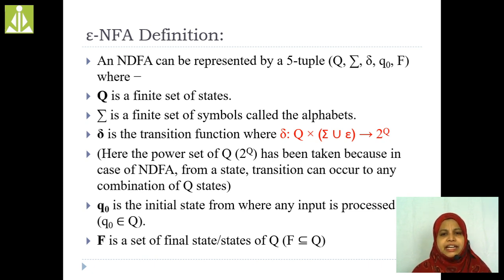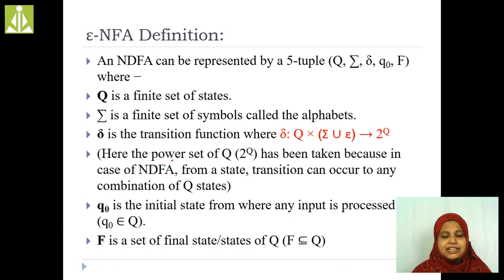Now NFA with epsilon moves is the extension of NFA. It also consists of 5 tuples: Q, sigma, delta, Q naught and F. Here Q is a finite set of states, sigma is a finite set of input alphabets.